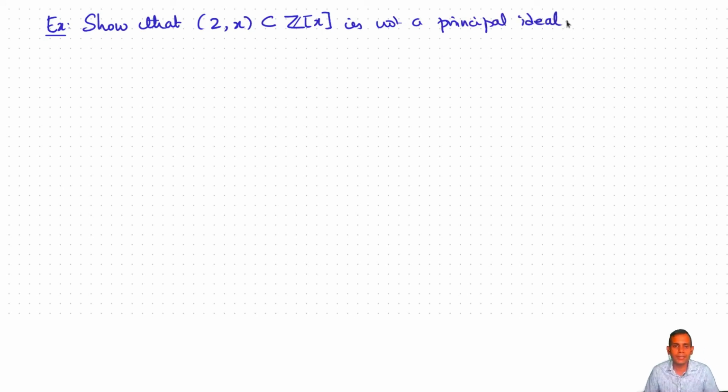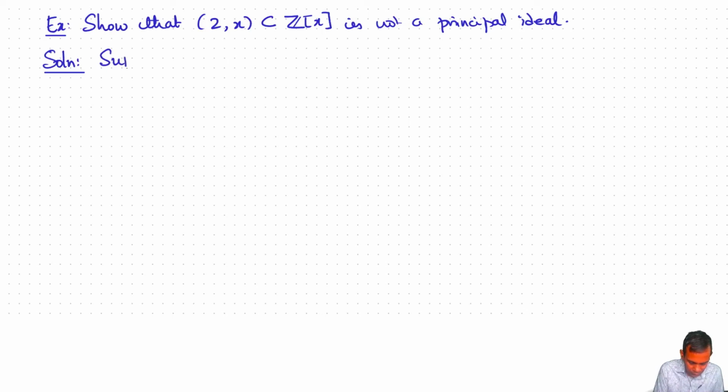We've seen that if we take polynomials with rational coefficients or coefficients in any field, then they form a Euclidean domain, and hence a principal ideal domain. However, when you take polynomials with integers, then they do not form a principal ideal domain. And the solution is not very difficult. Maybe you can take a few minutes to try it out yourself. If not, you can follow the solution that I'll give you now.